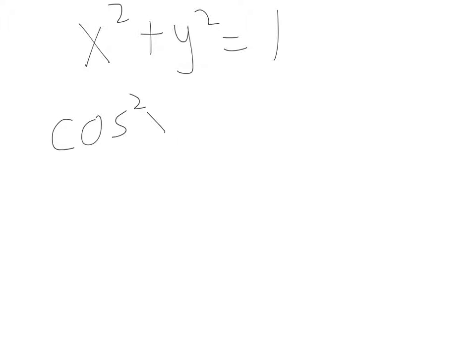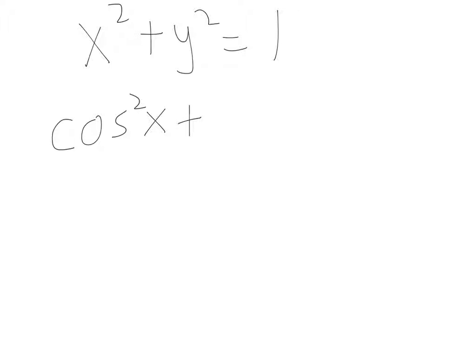The next thing we're going to talk about is what we call the Pythagorean identities. From this, you may remember the equation for a unit circle. It's just x squared plus y squared is equal to 1 because it's centered at the origin and has a radius of 1. Remember, x is equal to cosine, so instead of writing x squared, you could write cosine squared.